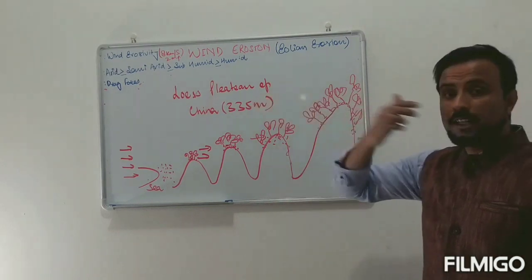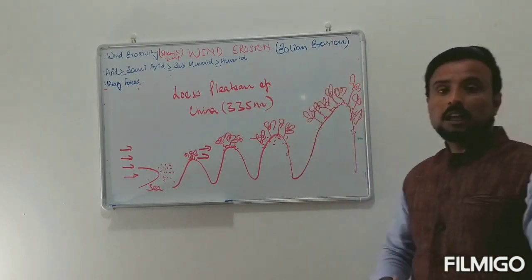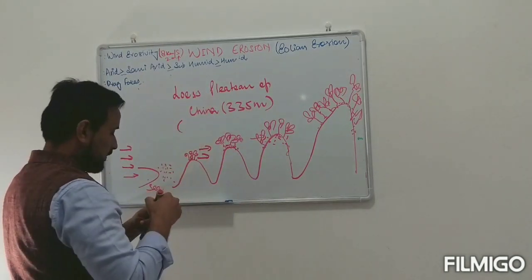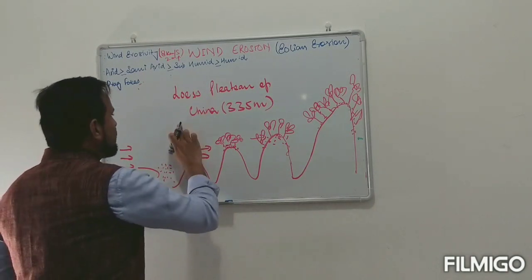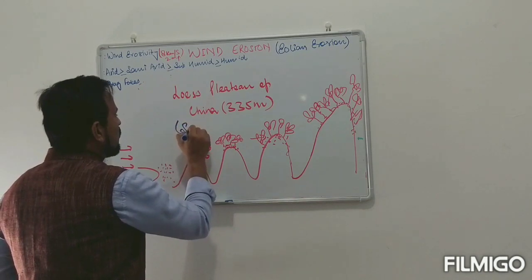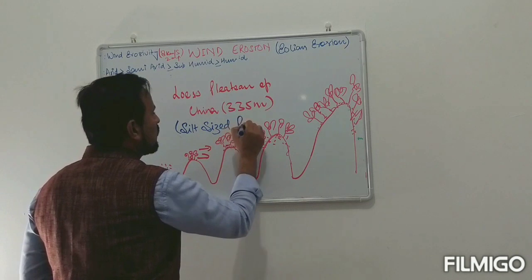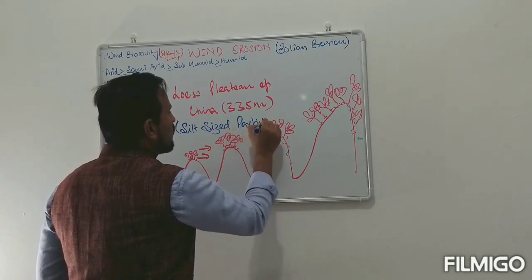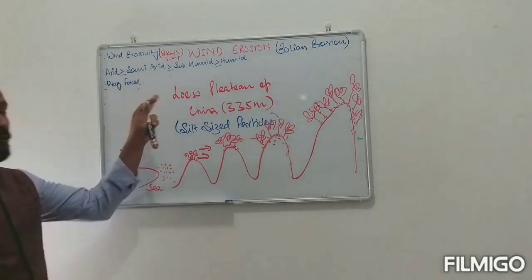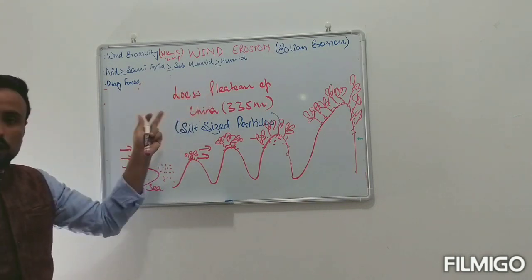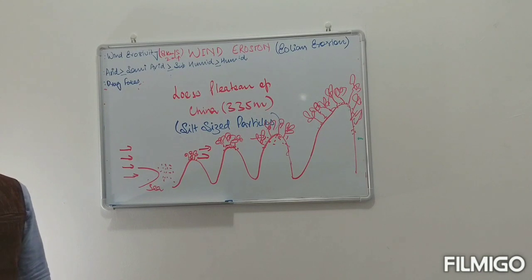So the Loess Plateau of China has the most fertile silt size particles, right? They are being moved, right? They are the most fertile kind of plateau known, right?